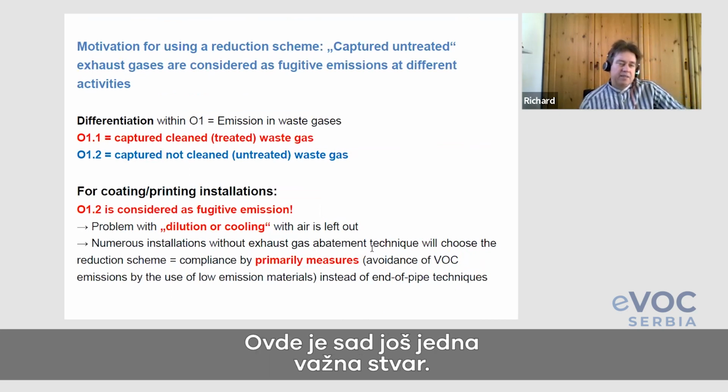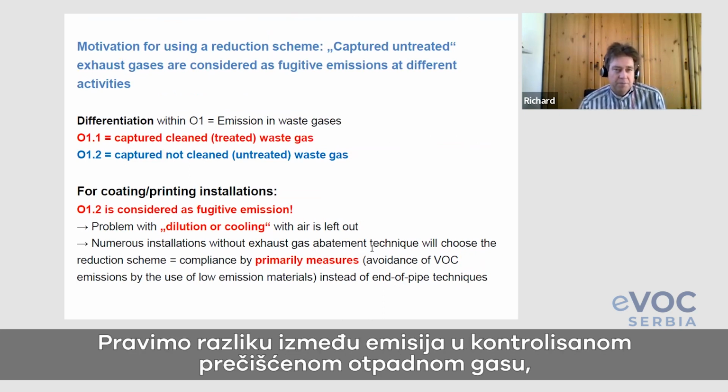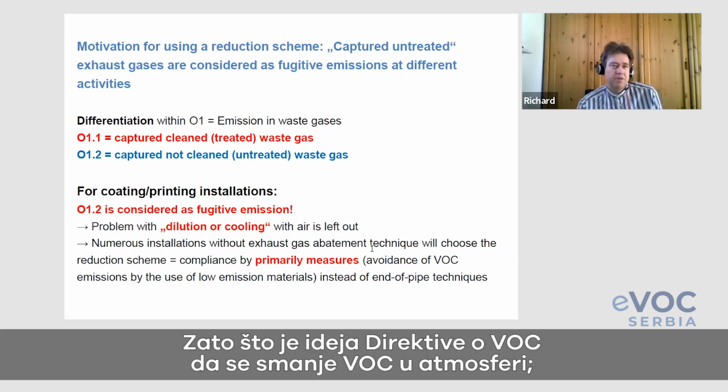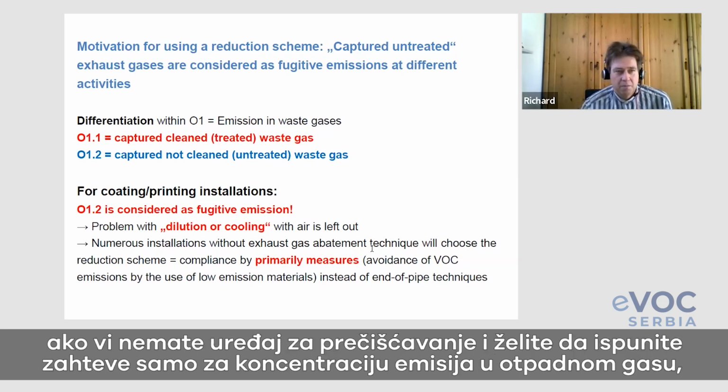Now, there is a very important point, specialty, because we do a differentiation between the emission in waste gases, in captured cleaned waste gases and captured that are not cleaned. And why we are doing it? Because the idea for the VOC directive was to reduce the VOCs for the atmosphere. So if you have no abatement and you want only comply with, for example, the emission mass concentration, what can you do?